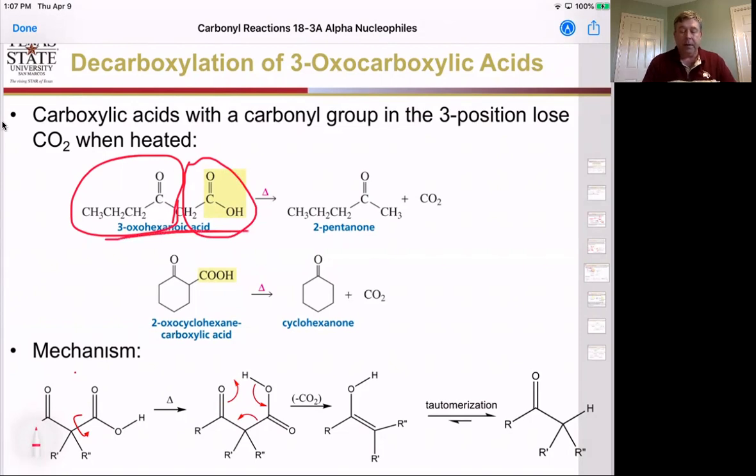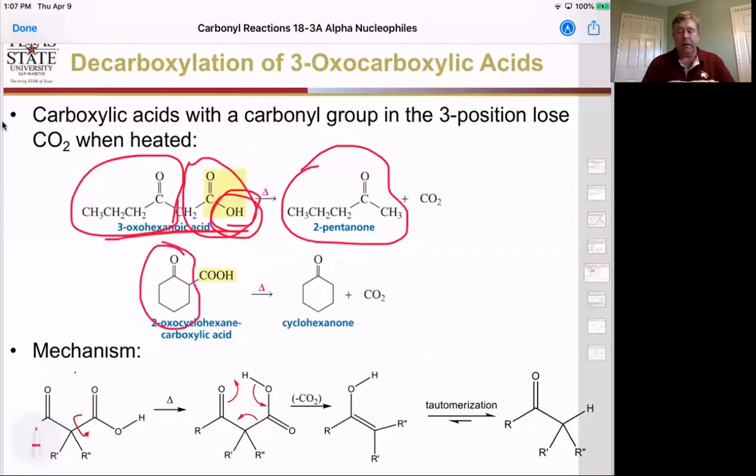The interesting thing about having this beta dicarbonyl compound, if we have this acidic hydroxide on the carboxylic acid, is that we can get a catalyzed decarboxylation to happen. So we will end up with our terminal methyl ketone. Or in the case where we have this functionalized group here, we can again decarboxylate it, ending up with our ketone.